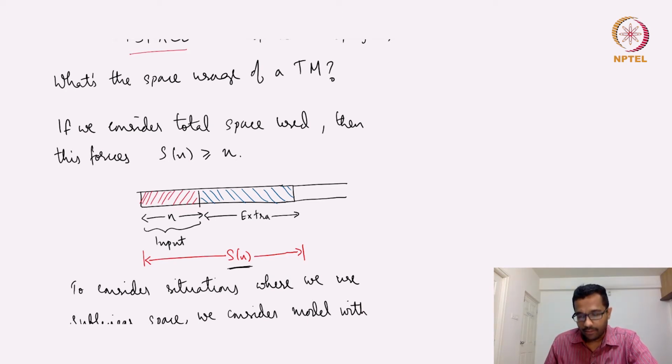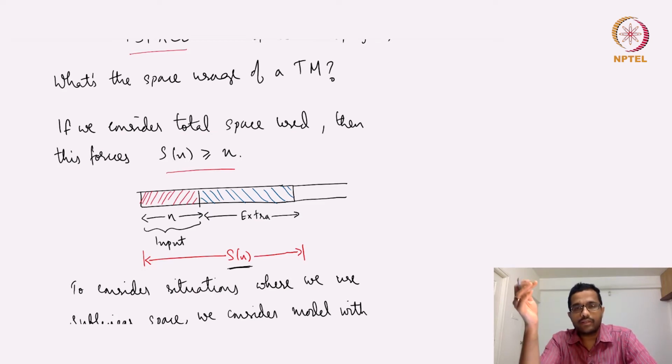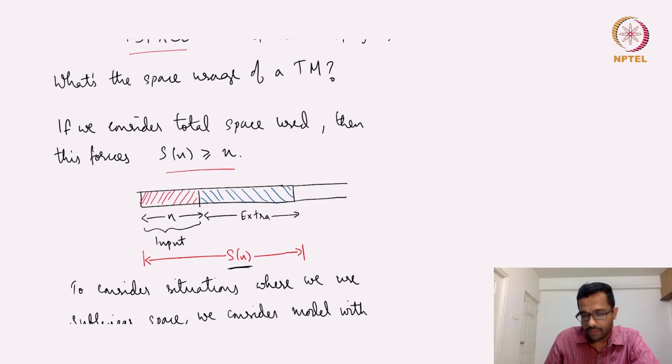But the problem is that in this model, by the very definition, we always have S(n) at least n, because the space usage always takes into account the space required to store the input, which is n bits or n symbols. What if very few extra bits are used?